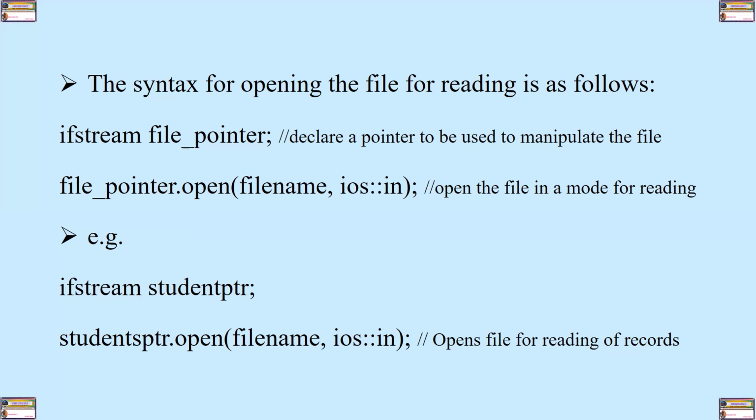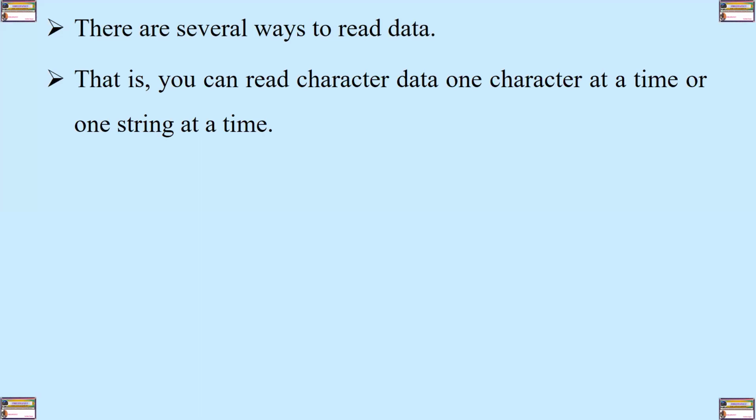It has been declared as a variable, an array of characters that will hold any name that the user will enter for me. That's the difference between this statement and the ones which we have looked at in this presentation earlier. So there are several ways to read data.